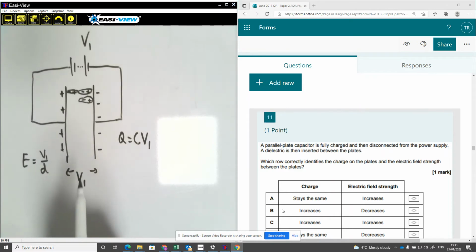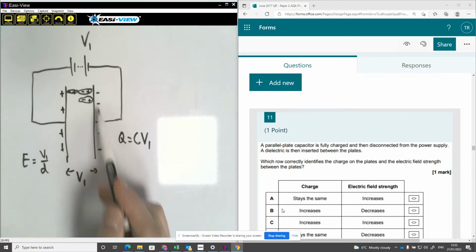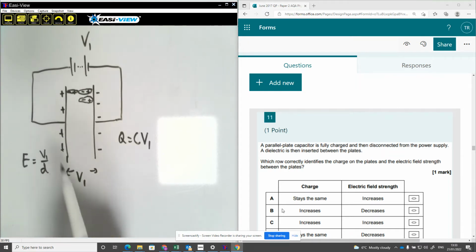The overall electric field strength will reduce because of these extra charges diminishing the effect of this charge separation. So you will reduce the electric field strength across the capacitor.